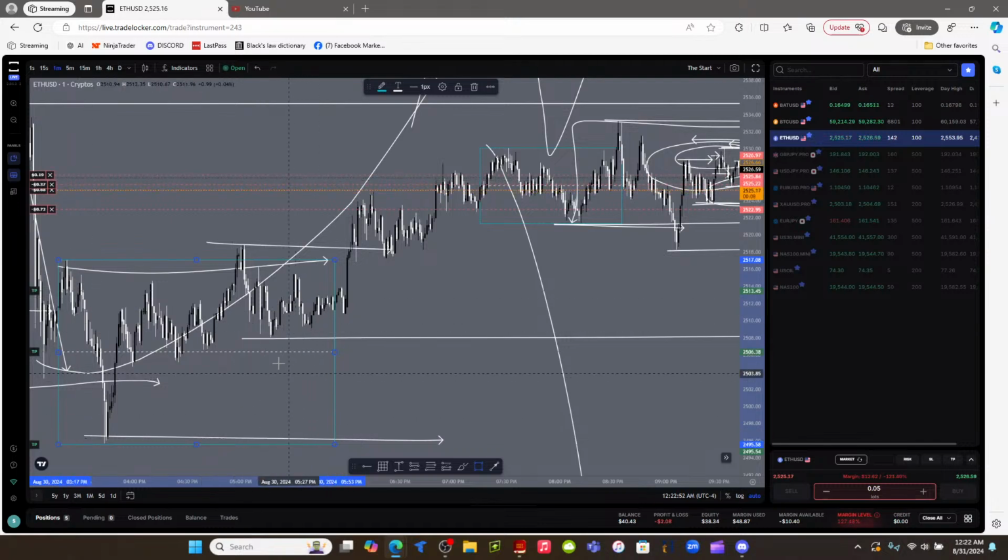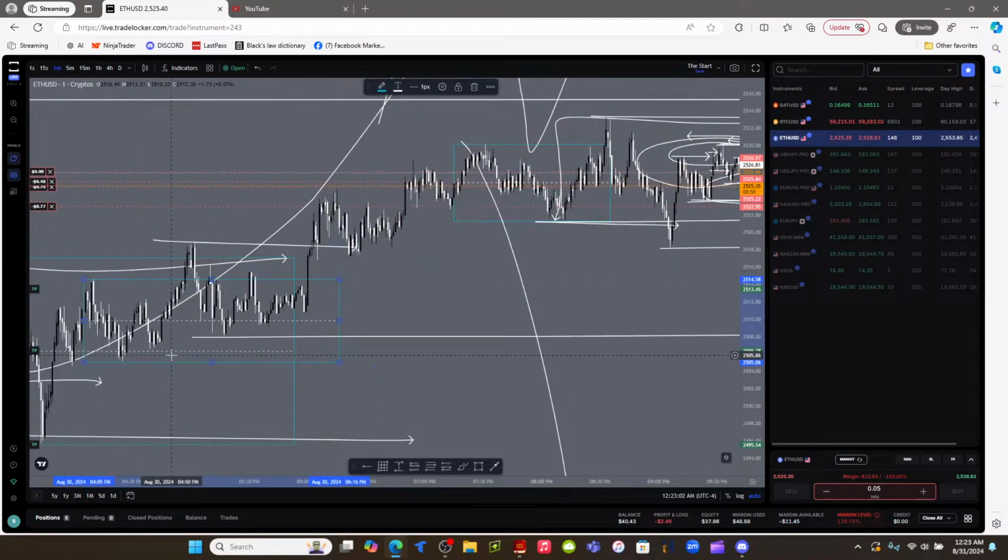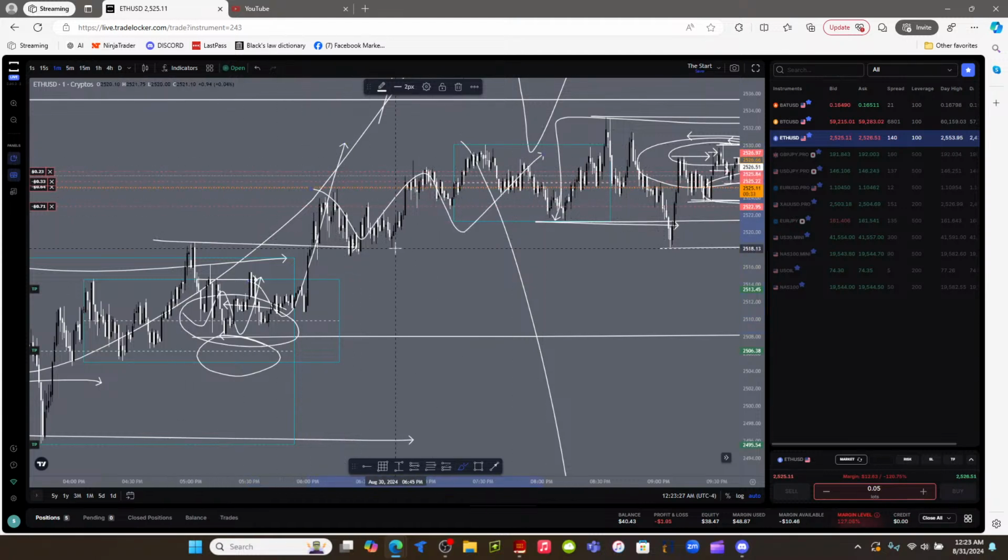And we now have a zone that's responsible for shifting the high, and that gets tapped. I'm looking for price to come back within the 50% of each zone. Within the 50%, I'm expecting a rejection, but with some sideways movement within the rejection to then determine where price is wanting to go.